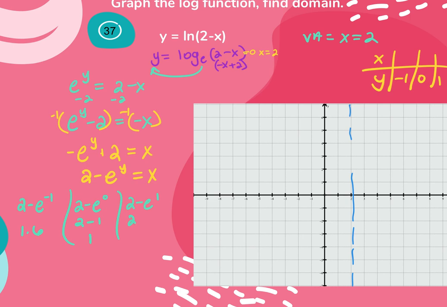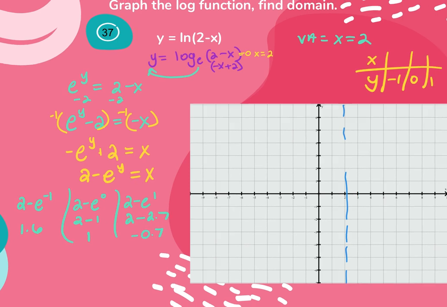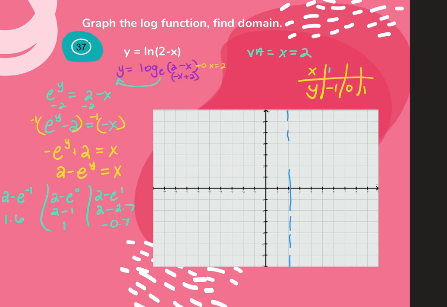That's 1. 2 minus e to the first is 2.7, and that's negative 0.7. Right, so you would do e to the first, which is 2.7, and then it's the minus, so it's 2 minus 2.7.